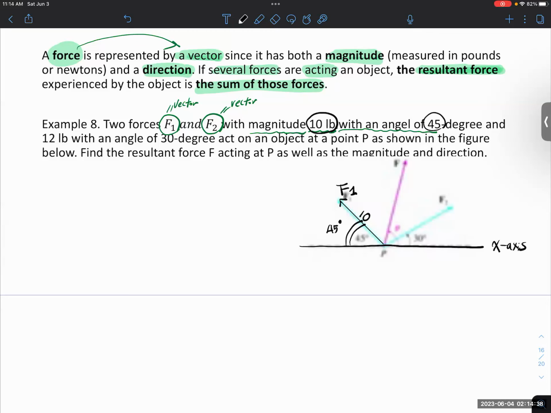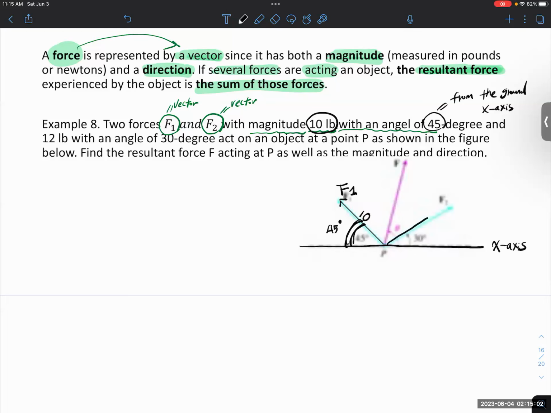Because here, how are you going to create the 45? This is not going to be 45. This is going to be 45 from the ground, okay, 45 from the ground, and that means from the x-axis. So that's a 45 degree angle you can consider. That's force 1.